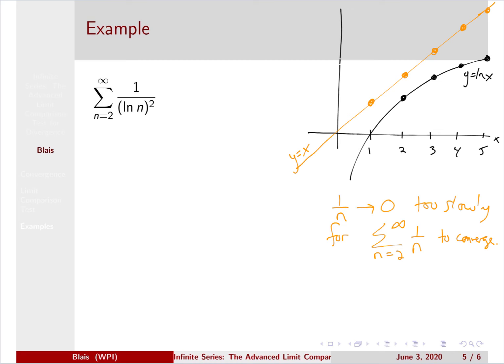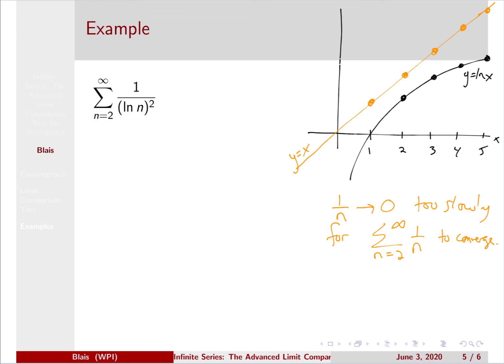Well, if 1 over n is going to 0 too slowly, because the natural log of n takes its sweet time to go to infinity, when we square it, does the denominator here go to infinity fast enough so that the term 1 over (natural log of n) squared is going to 0 quick enough for this series to converge?